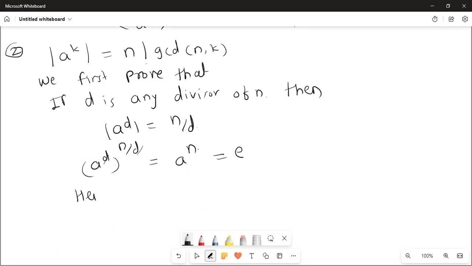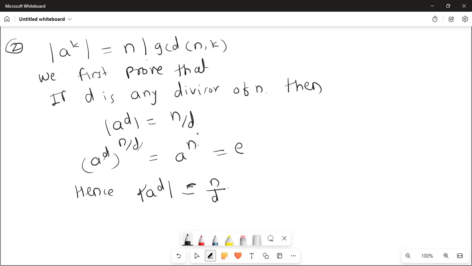And hence the order of a raised to d is less than or equal to n divided by d.